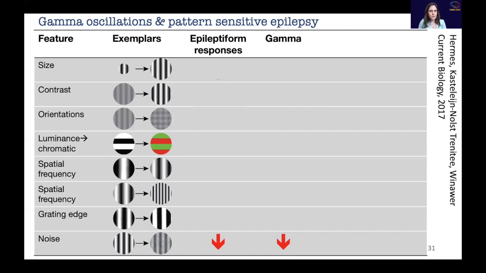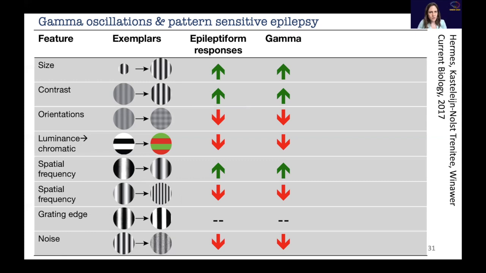And we looked at as many different types of visual input as we could find. For example, gratings of increasing size, increases in contrast, number of orientations, luminance to red-green chromatic, low to high, middle spatial frequencies or middle to high spatial frequencies, and also grating edge. And for these types of stimuli, previous studies had recorded particular increases or decreases in gamma power.